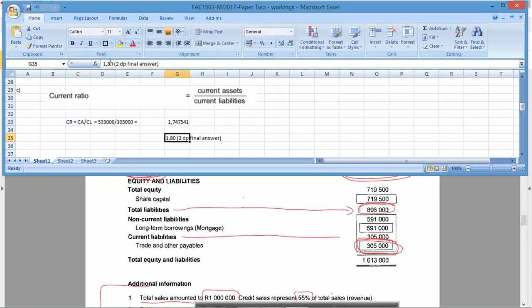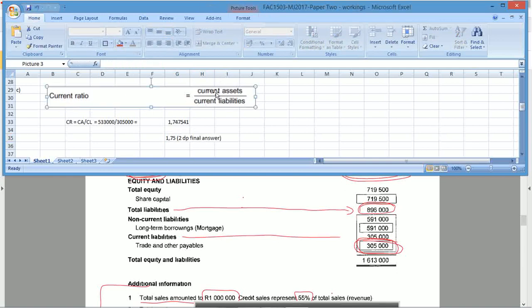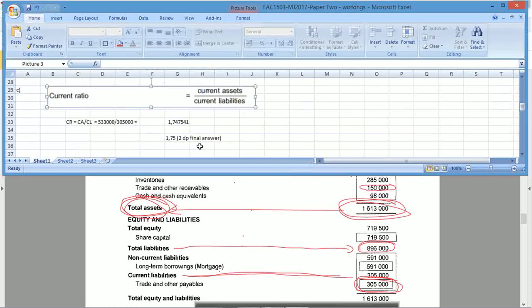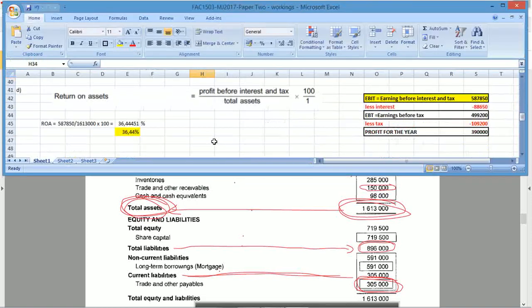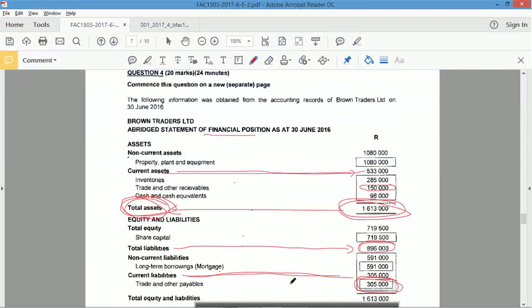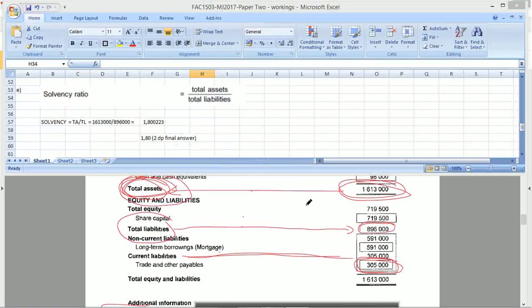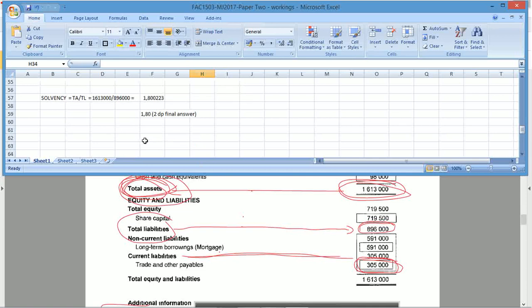Gives you that answer, 1.75, rounded to 2 decimals. So the current ratio is current assets over current liabilities. Current assets, that one, over current liabilities, that one. Then we had solvency. Solvency is total assets over total liabilities, that's correct.